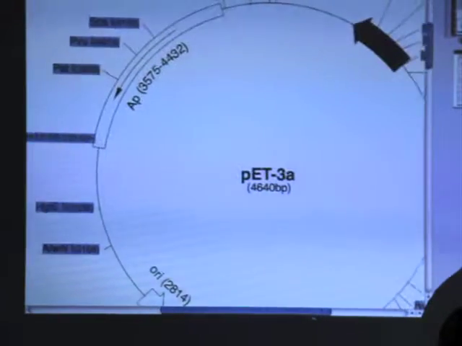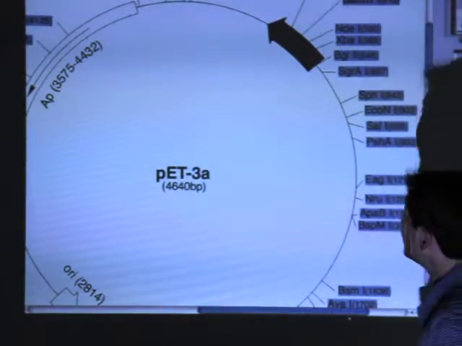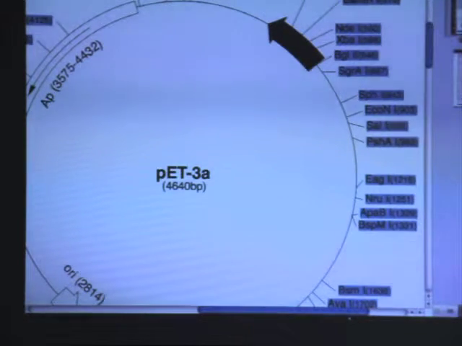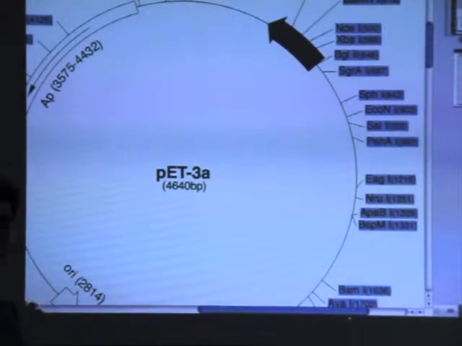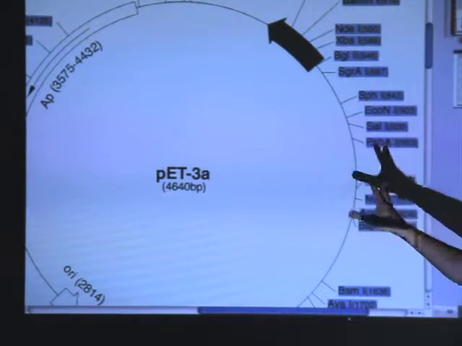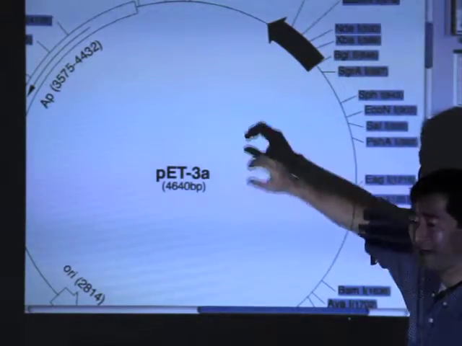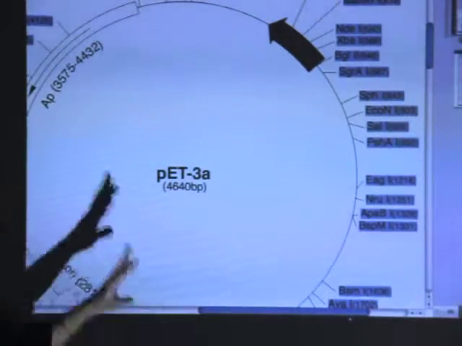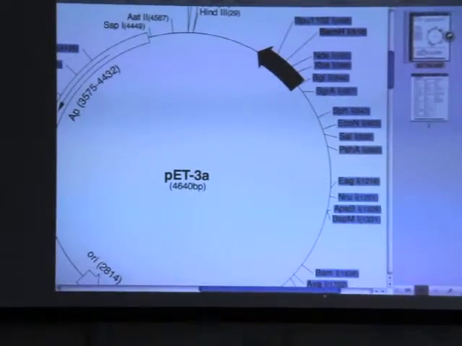it is an expression plasmid, meaning that whatever gene is in here, and this also has a modification of a lac type of operon. In fact, the way this whole system works is that if you put a gene into this pET plasmid and transform it into E. coli, you can actually put, let me just put this up here.